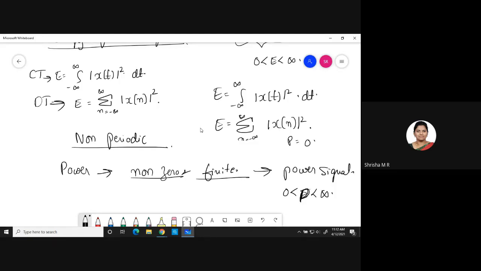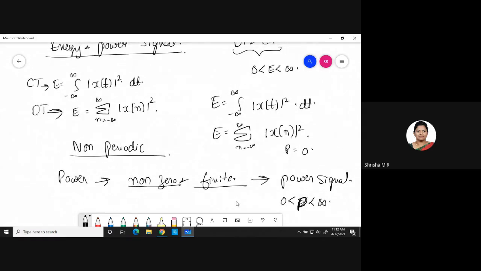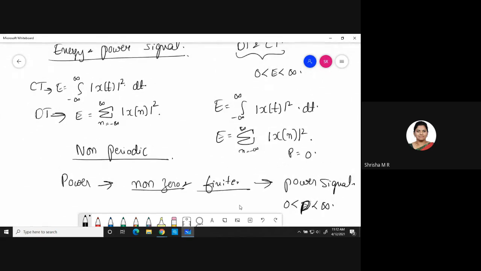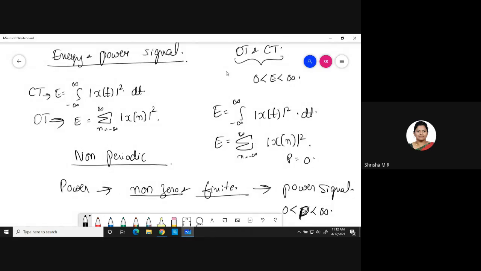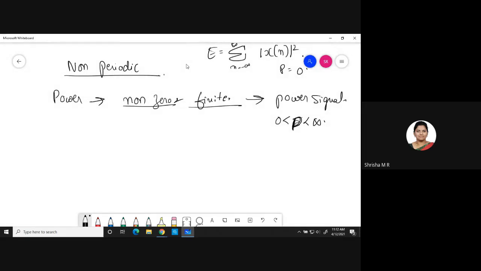So if the power is non-zero and less than infinity, that means it's finite, then it's called a power signal. The energy signal and power signal definitions are the same. For an energy signal, energy is non-zero and finite, whereas for a power signal, power is non-zero and finite. It depends on how you identify the energy signal and power signal and find energy or power.